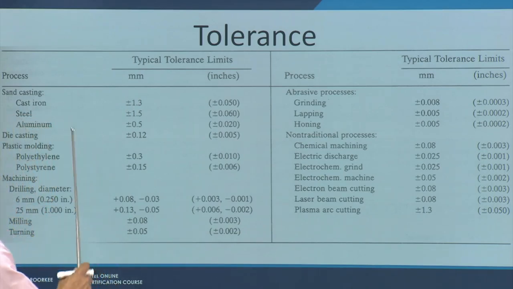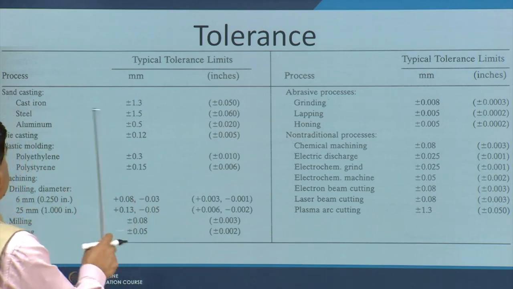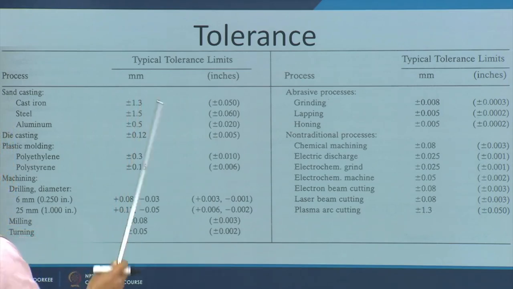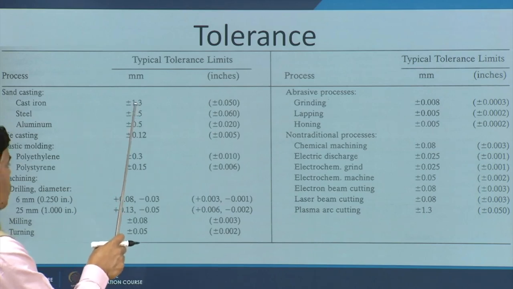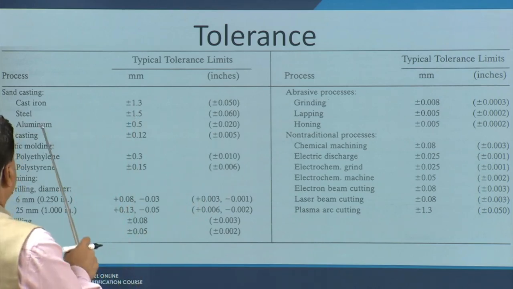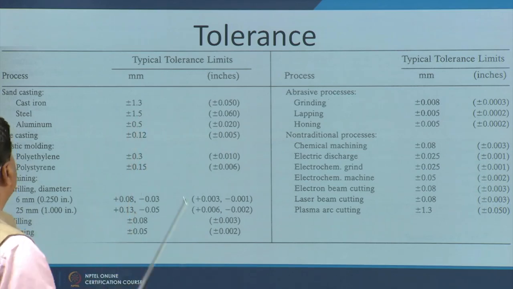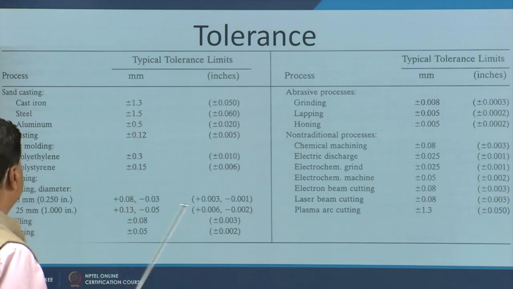For example, for sand casting, when cast iron is processed, control over the dimensions is to the tune of plus minus 1.5 mm. For steels it is plus minus 1.5, and for aluminum it is plus minus 0.5. I will just correct it, for cast iron plus minus 1.3.